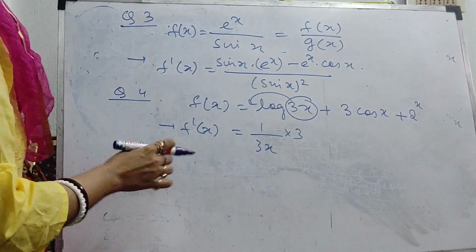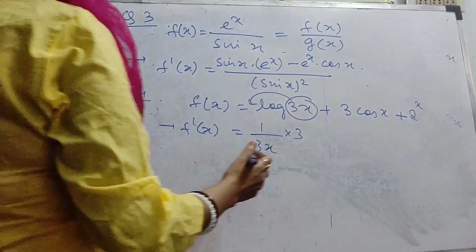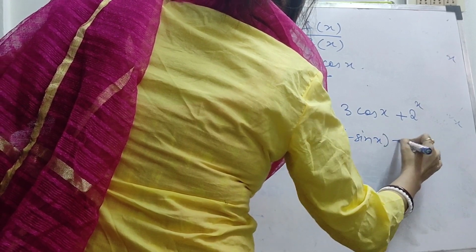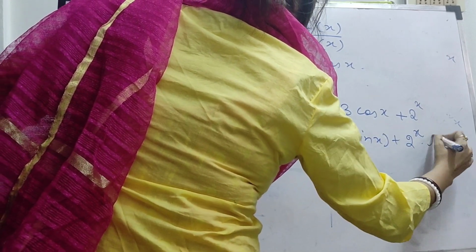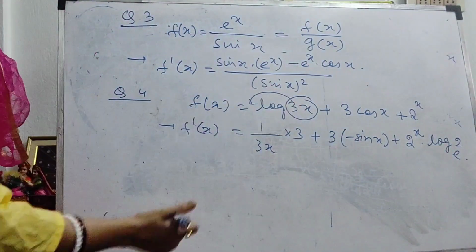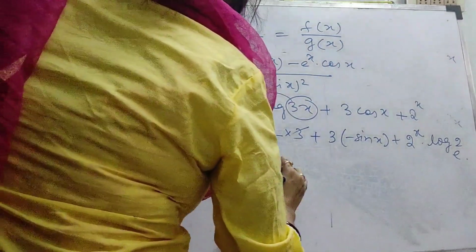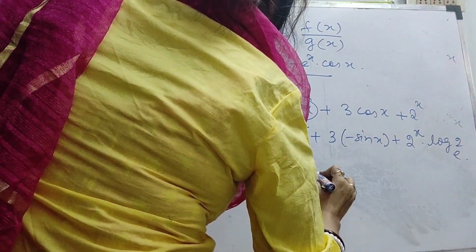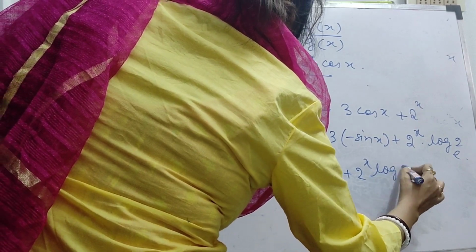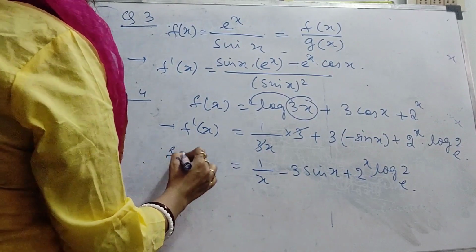We don't have chain rule in class 11, but still you need a concept for that. 3 cos x is 3 into minus sin x. 2 to the power x is 2 to the power x into log 2 base e. So the answer is 1 by x minus 3 sin x plus 2 to the power x log 2 base e, or ln 2. This is f dash x.